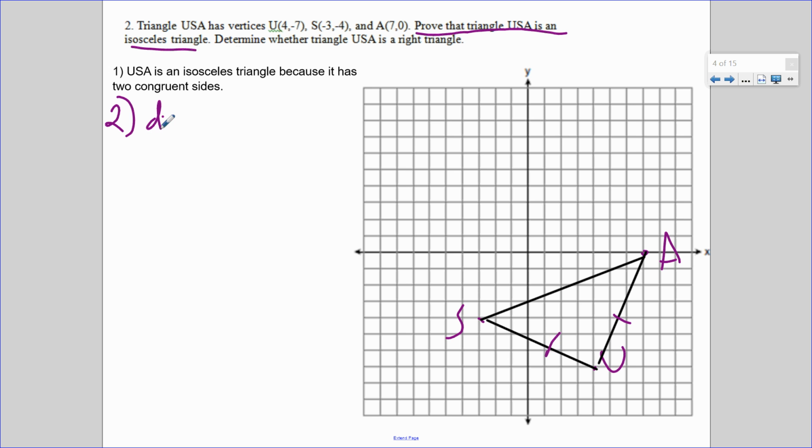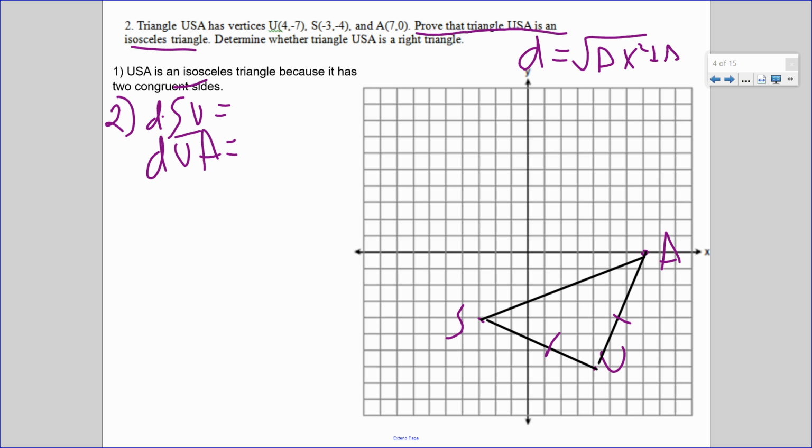So I'm going to find the distance of SU. I'm going to find the distance of UA. I want you to do it. You find the distances right now on your own. I'm going to give you about 30 seconds or a minute to do that. Again, your formula, delta x squared plus delta y squared. Again, right now you're calculating those distances on your own.